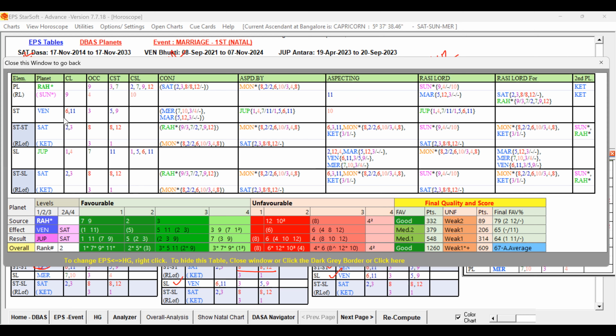The point is what? The planet at the star level is the 6th lord, giving some unfavorable impact to the Rahu because it is the 7th sublord, and the sublord is fine, 1, 4, 7, 11, 1, 5, and 6.